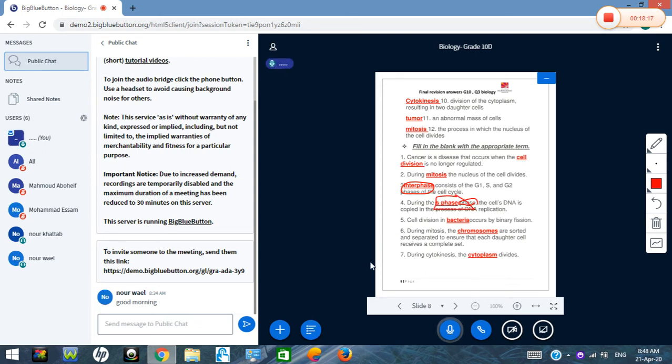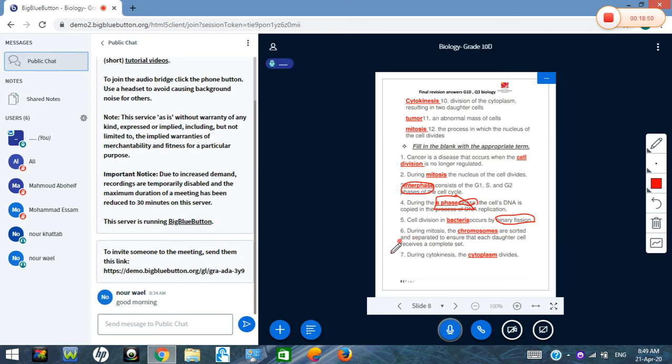Number 5, cell division in bacteria occurs by binary division. When you see binary division, it must be a bacterial cell, the most common example that reproduces or divides by binary division.